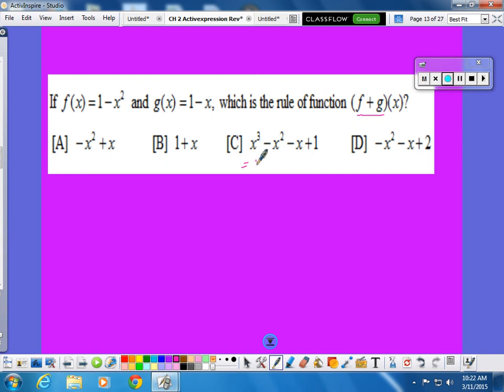So if you had F plus G, wouldn't you end up with D? Yep. Remember, those are kind of easy: add, subtract, multiply, and divide. Just have to watch your signs with subtraction and everything.